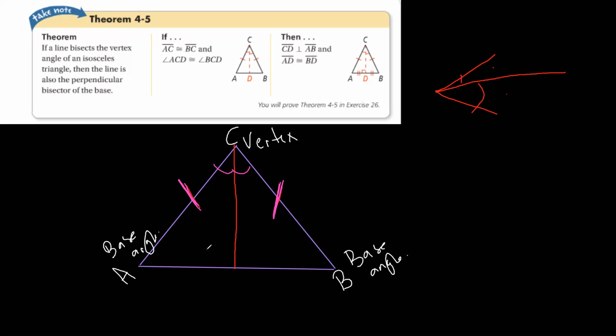He told me now, if I have an isosceles triangle and there's a line that cuts the vertex angle, this line will be perpendicular on the base.